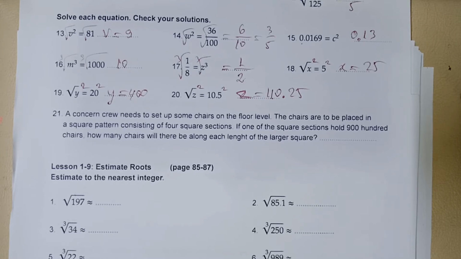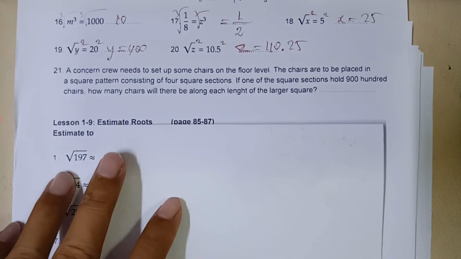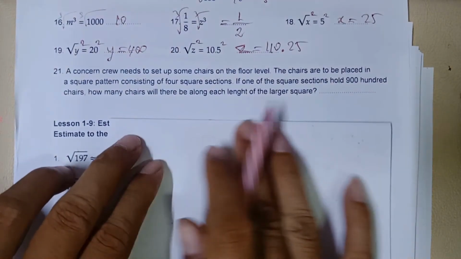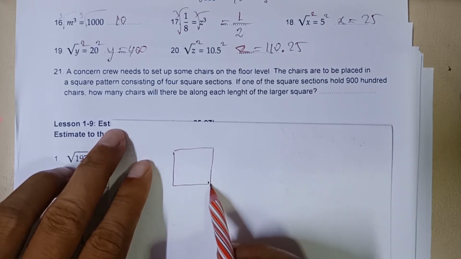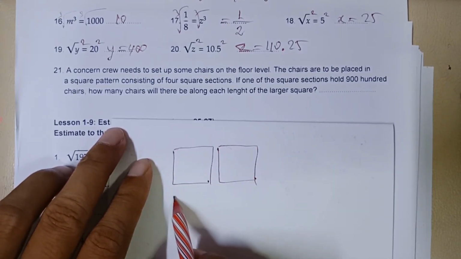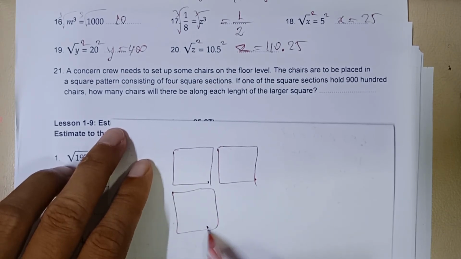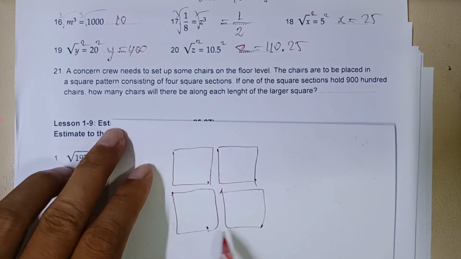Okay, let me try to draw you a figure to give you a better picture of the problem. You have 4 square sections and it is a square pattern. So you have it like this. The 4 sections are equal.